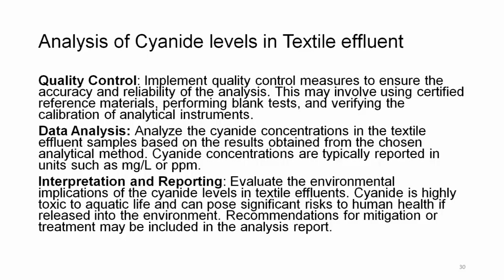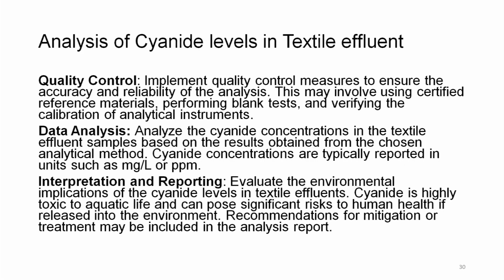Data analysis. Analyze the cyanide concentrations in the textile effluent samples based on the results obtained from the chosen analytical method. Cyanide concentrations are typically reported in units, again, as milligram per liter or ppm. Interpretation and reporting.